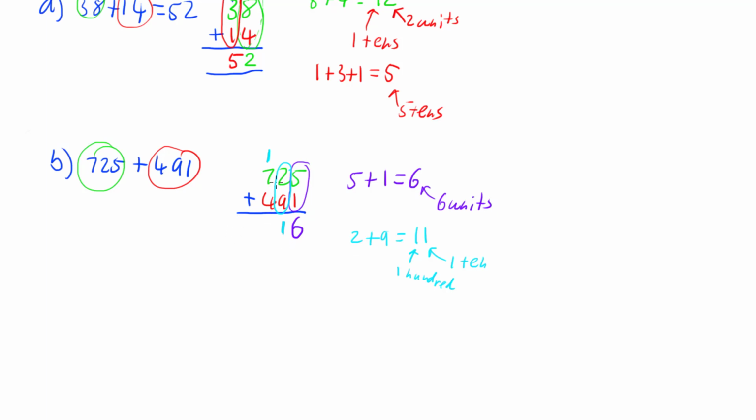Now performing my last addition, I have 1 plus 7 plus 4. Well, 1 plus 7 is 8. 8 plus 4 is 12. So I have 12 here. And again, because I'm operating in the hundreds column, this gives me 2 hundreds. And bigger than hundreds, we have 1,000.